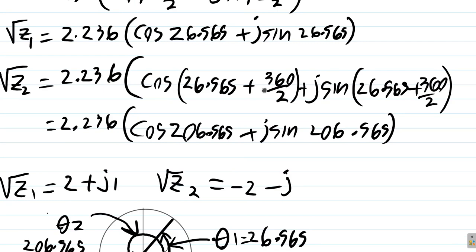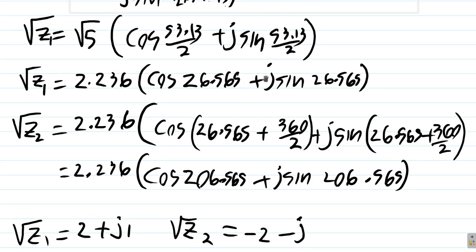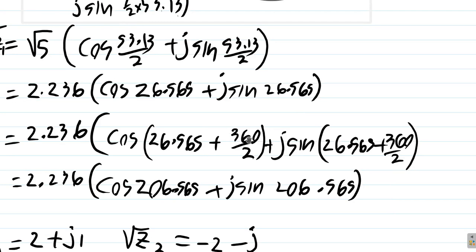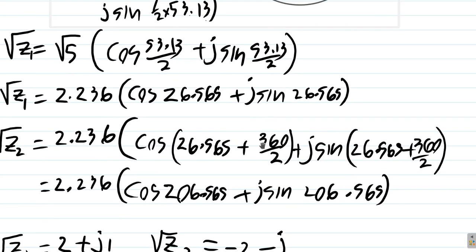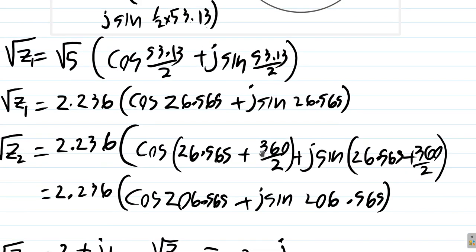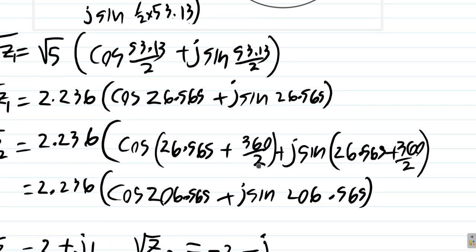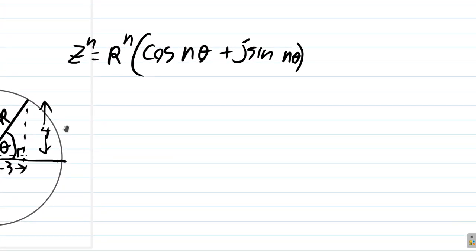In this case, finding the square root, for the first square root, this angle over 2 would be multiplied by 0. In the second square root, you multiply it by 1. So you have 1 times 360 over 2. I'm telling you, because I've seen the formula somewhere.